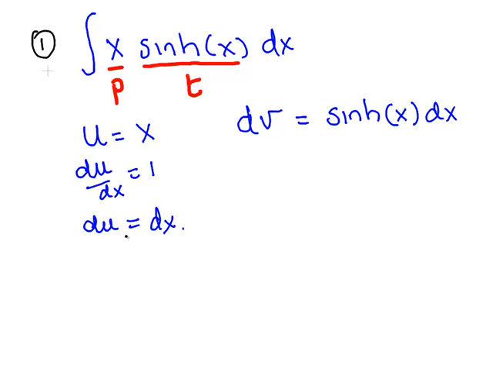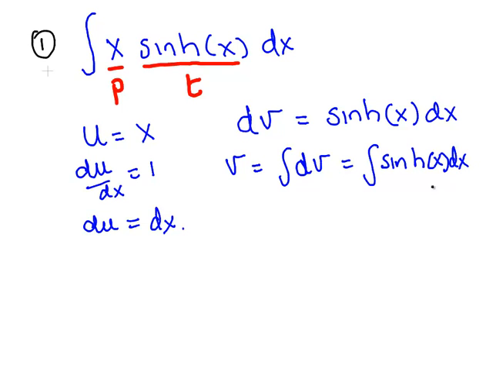Now we have du in terms of x. v is what we also need, and this is the integral of dv, which is the integral of sine x dx. Now the integral of sine x dx is minus cos of x.